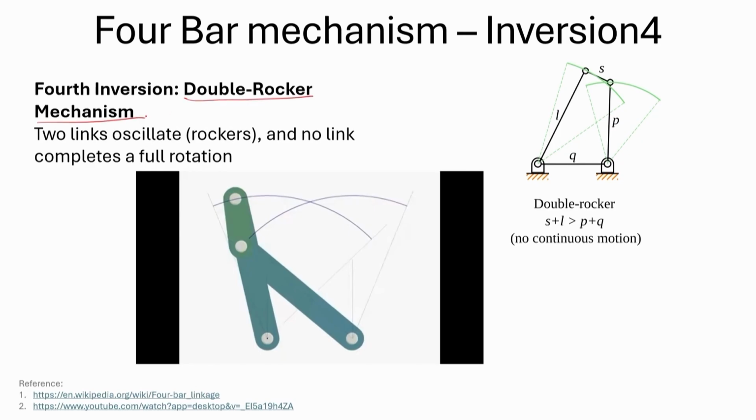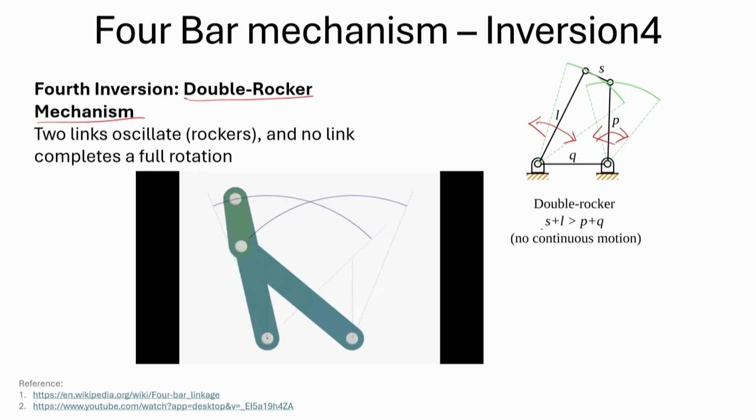So, in this case, what is going to happen is that the two links will oscillate, but none of them will have a complete rotation that we have seen so far. So, there will be only a particular range of oscillation of the driver link as well as the follower link.